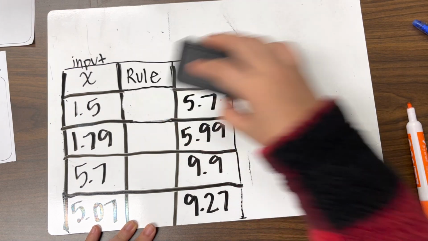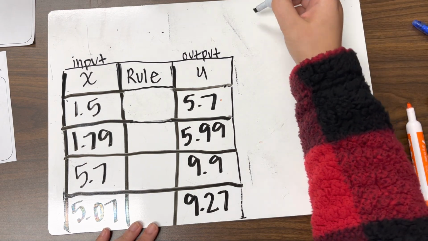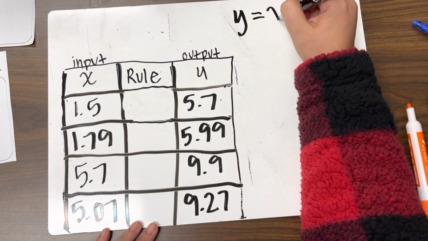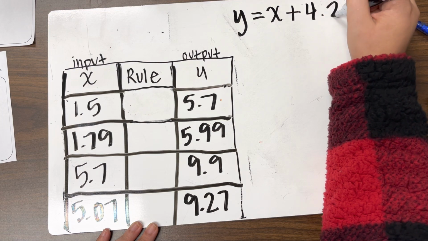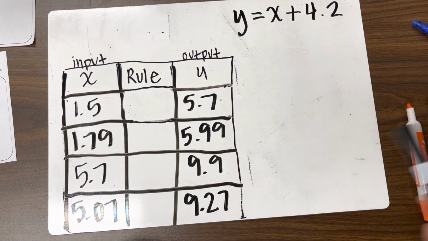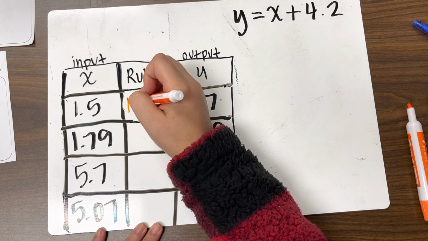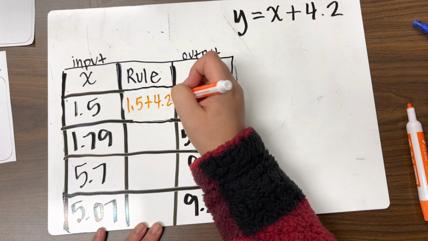All right, so let's try an addition. We're gonna have y equals x plus 4.2. So this time the rule will be addition. We will have to add 1.5 plus 4.2.